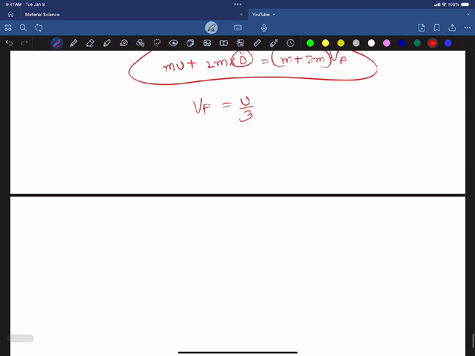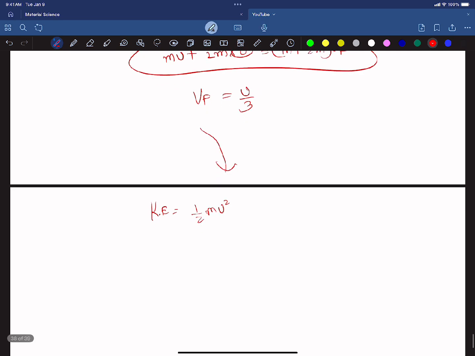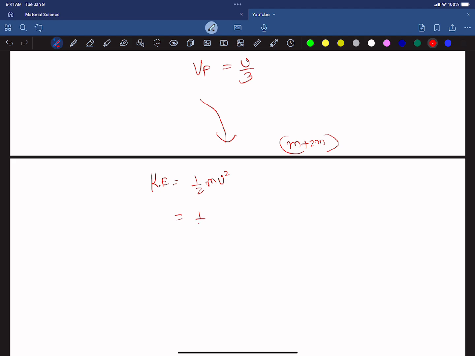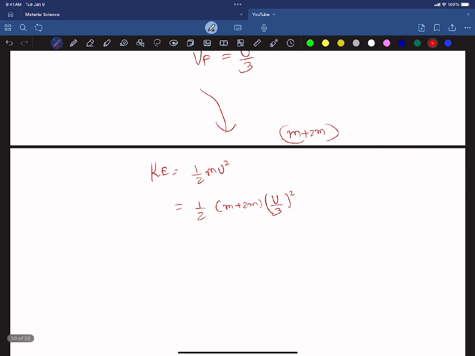Now kinetic energy is equal to half mv square. Now our v is this and our m is m plus 2m. Let's substitute all the values. Half times m plus 2m times v by 3 whole square. Now you do some math, then you will find the final equation 1 by 6 mv square.